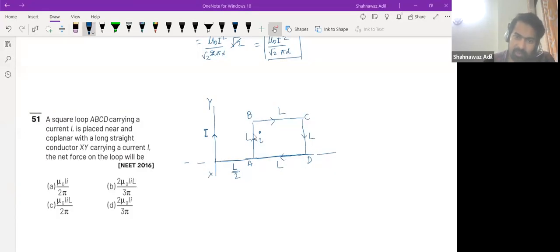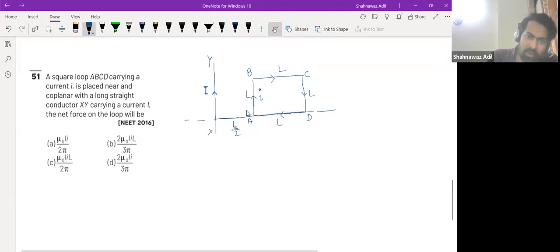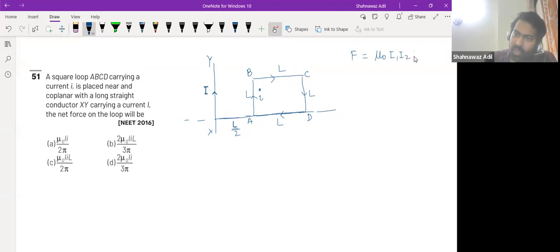the force acting on this loop. We already know the force between parallel wires, which is mu naught I1 I2 L divided by 2 pi d.